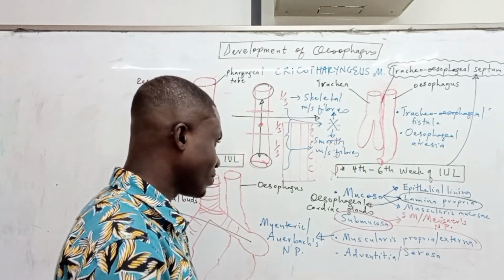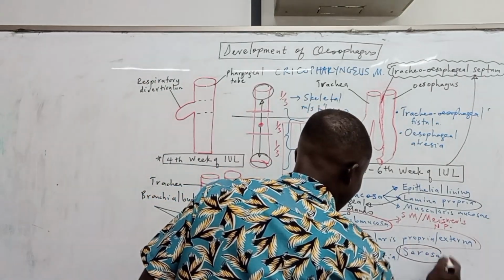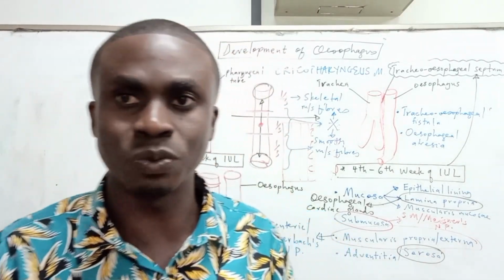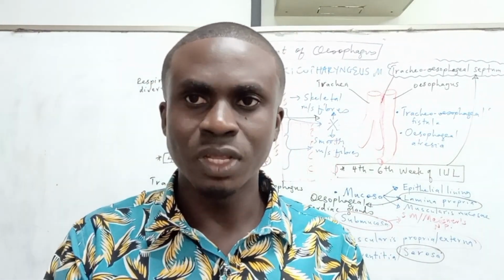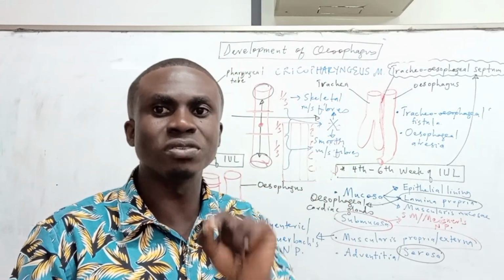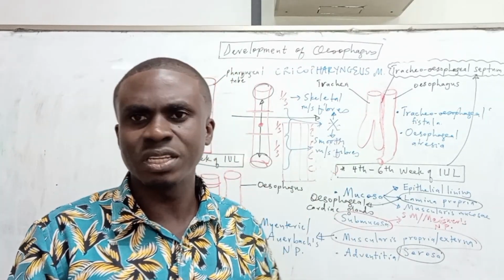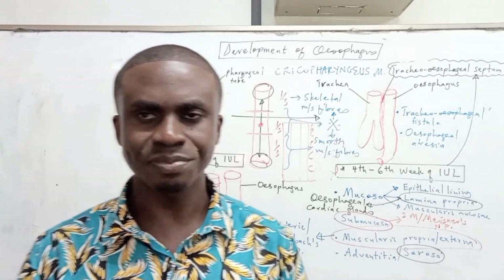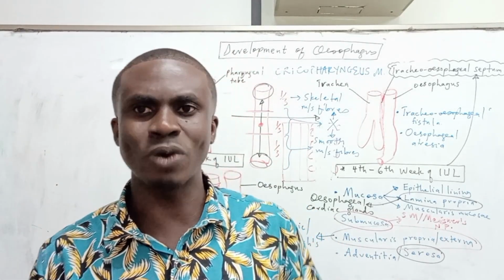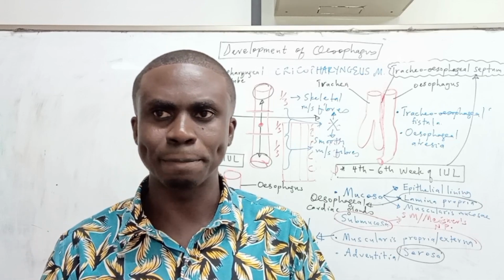But for the serosa, we don't only have loose fibroelastic connective tissue, we also have a single layer of simple squamous epithelium, so it forms what we call the mesothelium. So my friends, I want you to understand these things.